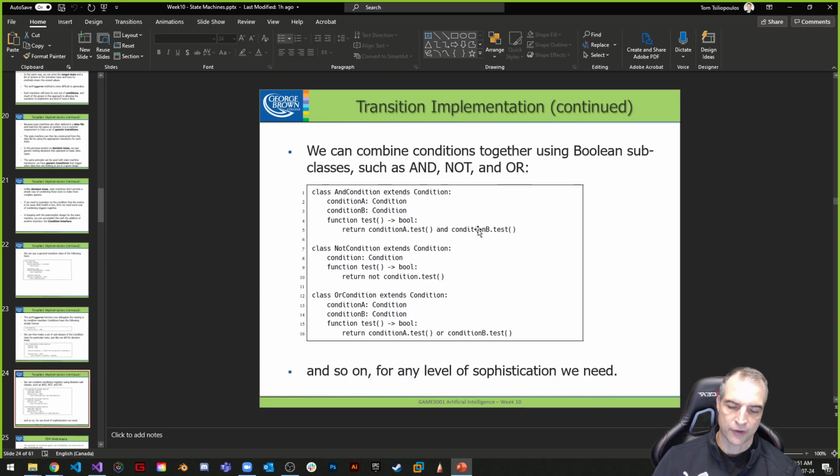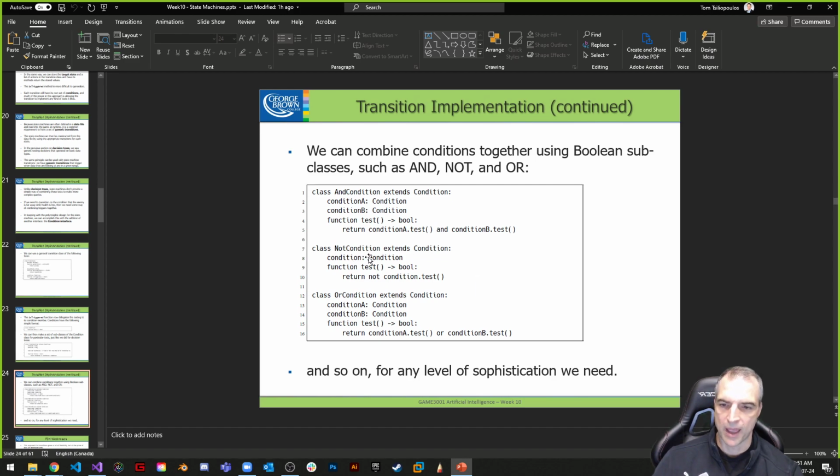And there are other kinds of conditions: an and condition, a not condition, an or condition. We have to specify these, and we can combine conditions. Condition A and condition B could be something that we give to an and condition. If both those conditions are met, then the test returns true. If the not condition is met, that means if the not condition is not met, then it's met.